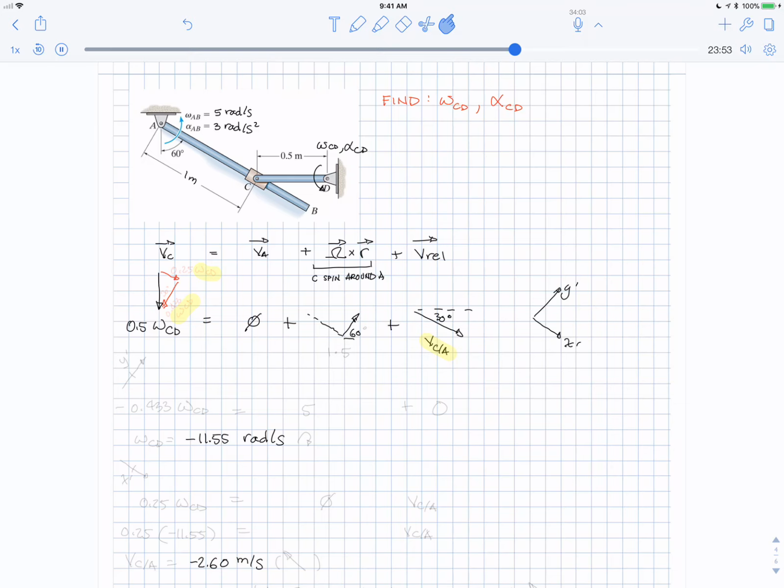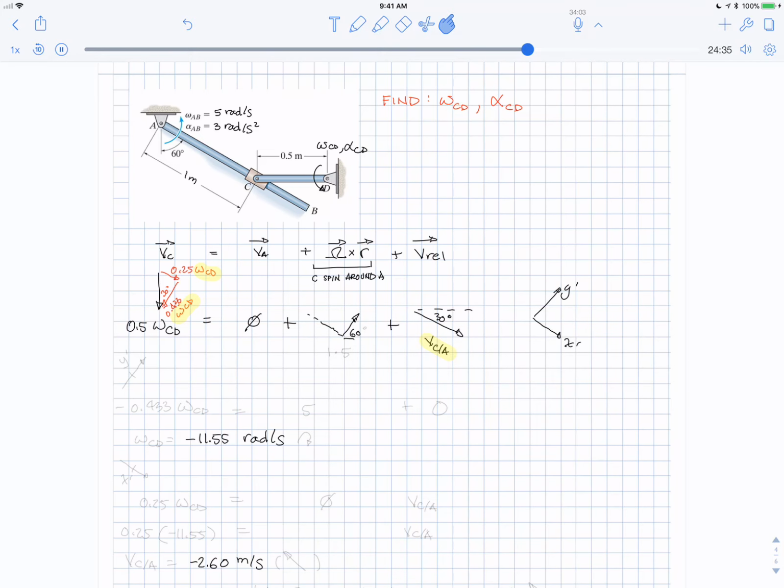That will be 0.5 times sine 30 degrees, which is 0.25 omega CD, and cosine of 30 times 0.5, which comes out to 0.433 omega CD. Okay, so now we're ready to take the components.